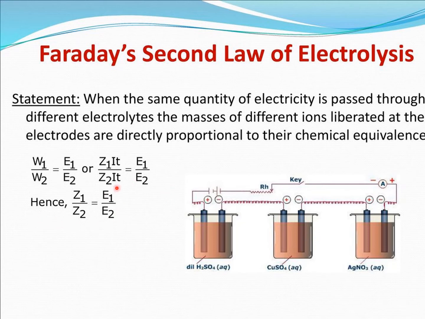Or simply, since the current passing through the electrolytes is the same, we can modify this as Z1 upon Z2 is equal to E1 upon E2. So that is Faraday's second law of electrolysis.